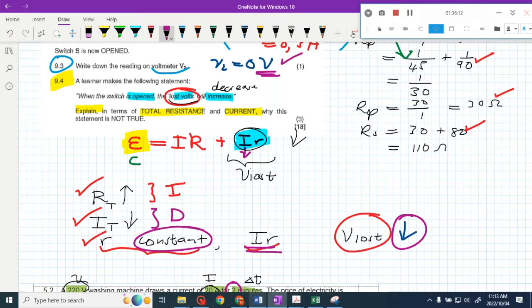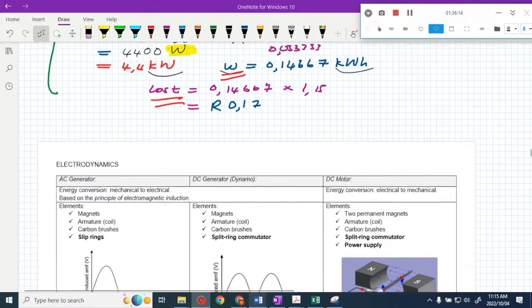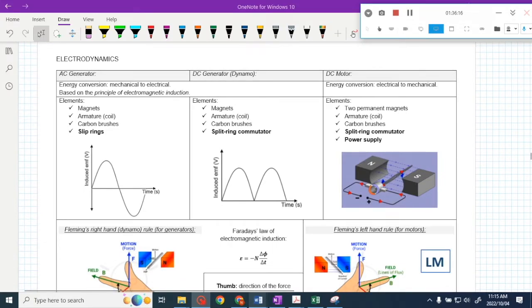We're all okay? Okay, we're going to look at electrodynamics. There's not a lot I need to discuss here. I just want to remind you guys of a few things. There were a few mistakes in your trial exams. Remember, a generator is going to convert energy from mechanical to electrical. We turn it and electrical energy is generated.